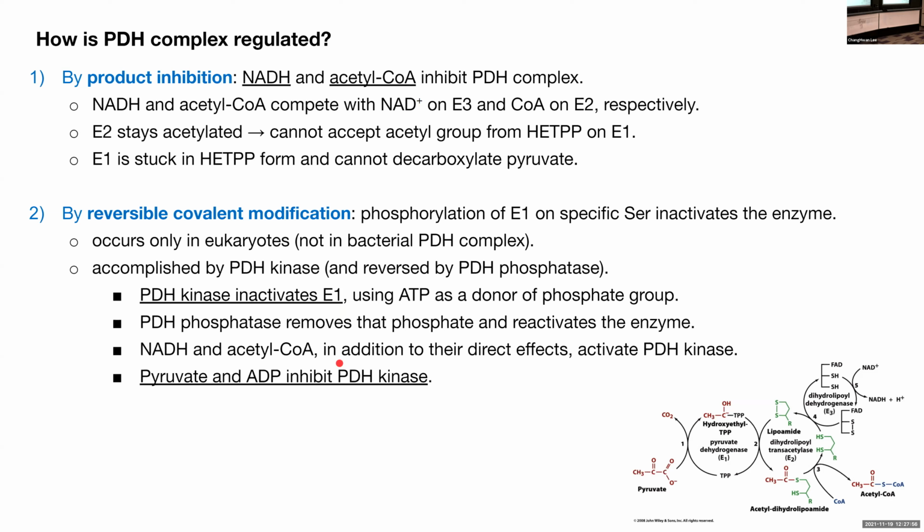So it works in the exact same way as the product inhibition in terms of direction, and pyruvate and ADP instead inhibit the PDH kinase activity. So it works in the other way, because you have a lot of pyruvate, so it has to be processed, or there's a lot of ADP instead of ATP, so you need to generate more energy there, in which case the kinase is inhibited by that, and then the E1 enzyme activity will be activated.